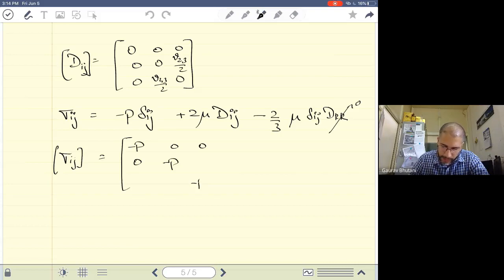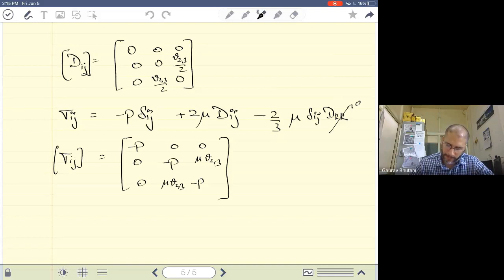Sigma 33 is also minus p, and then sigma 23 will become mu times v2 comma 3, and this becomes mu times v2 comma 3. Right. So that is our sigma tensor. So what we've done is we have written the tensorial form of sigma using our rate of deformation tensor, which is written in terms of the velocity.